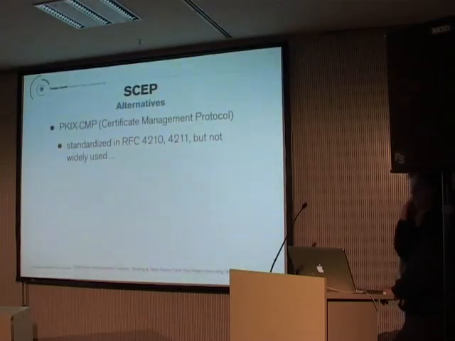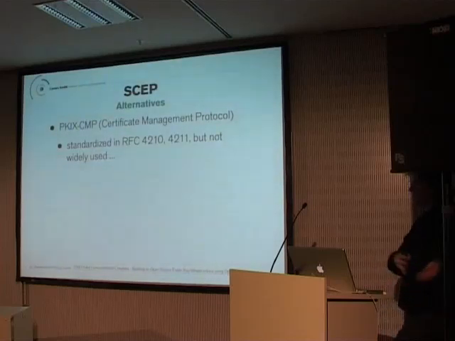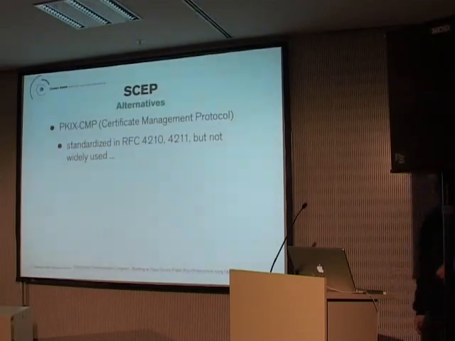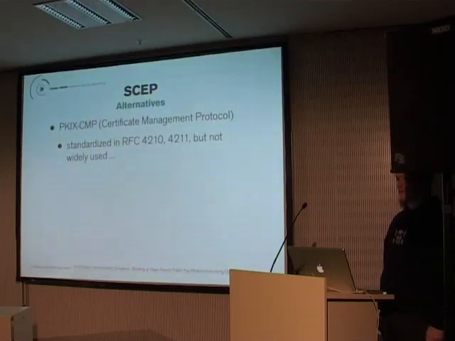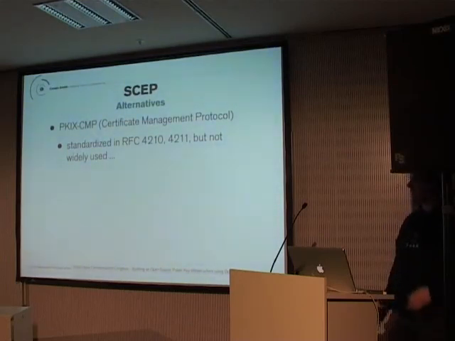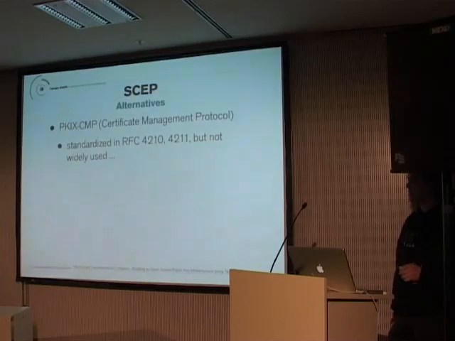The only people I know of that have implemented that are actually the Baltimore people who are, well, you heard it, gone, and the Novosec people have implemented it in their Bouncy Castle Java cryptographic service provider. So that is actually being used by another open source CA project. These are the only people who have actually ever implemented that stuff, because it's really, really complicated, and it covers all the certificate management issues, not only applying for a certificate.